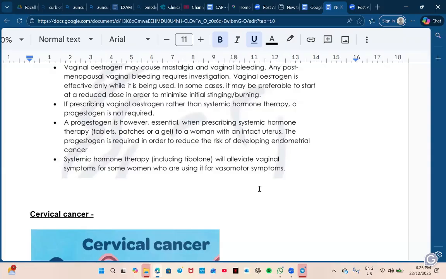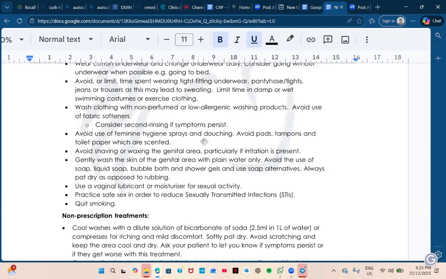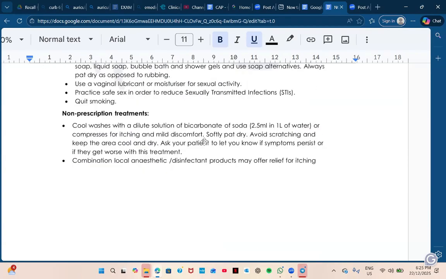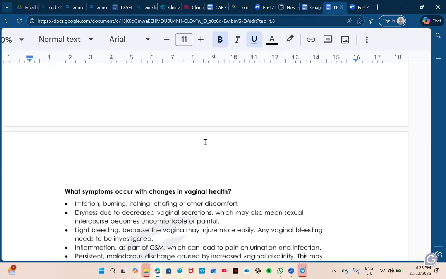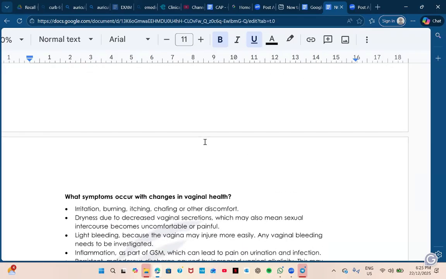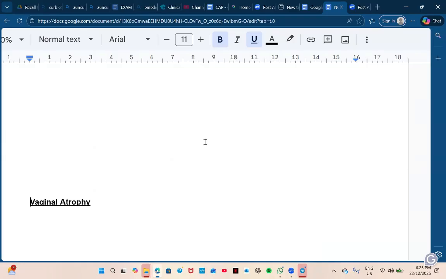Do you remember that chart? You have to remember that chart for postmenopausal hormonal therapy. That's a different topic, but in this case, you can read it from here. This is from the Australian guideline.